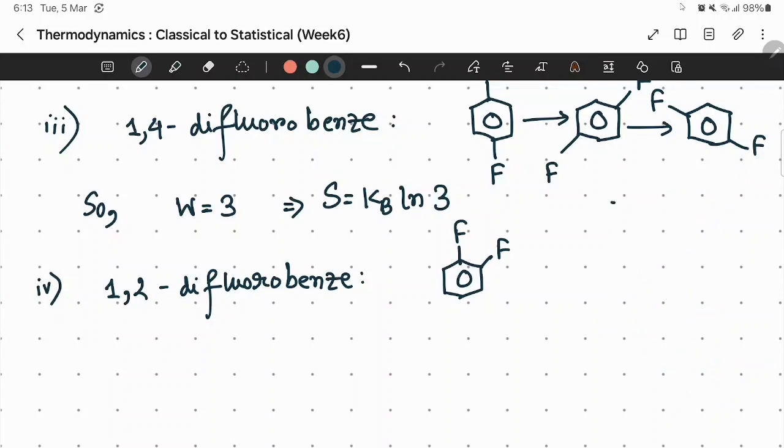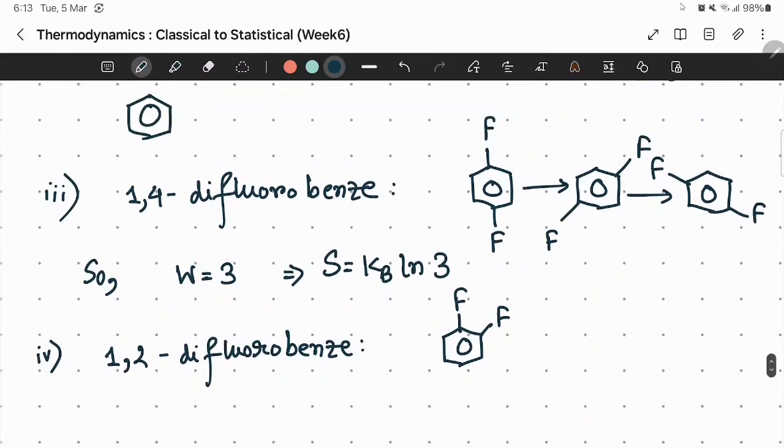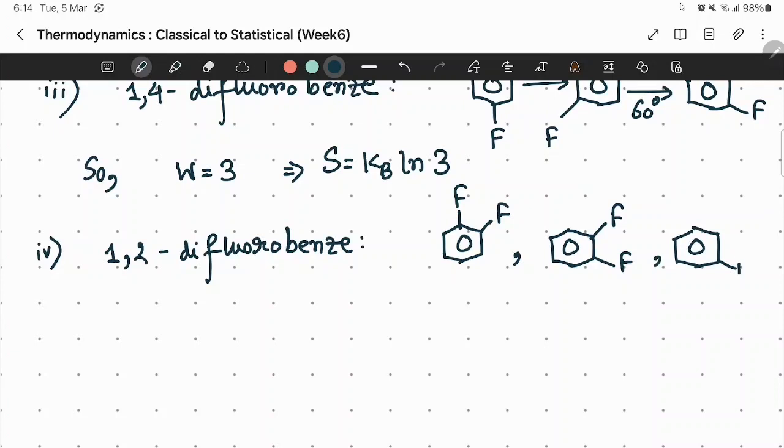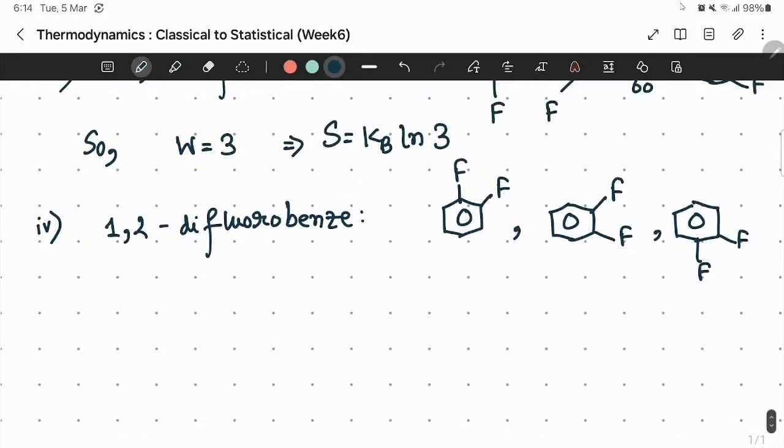It is pi by 2 when it is a square type thing. Here it is 60 degrees. So if you rotate it by 60 degrees, you can obtain this, and if you rotate again, there will be another configuration, this.